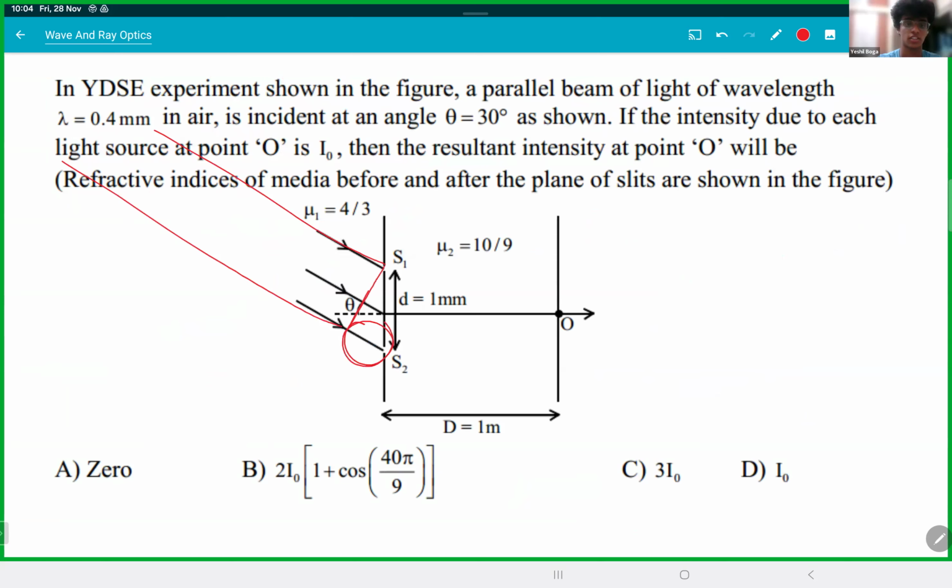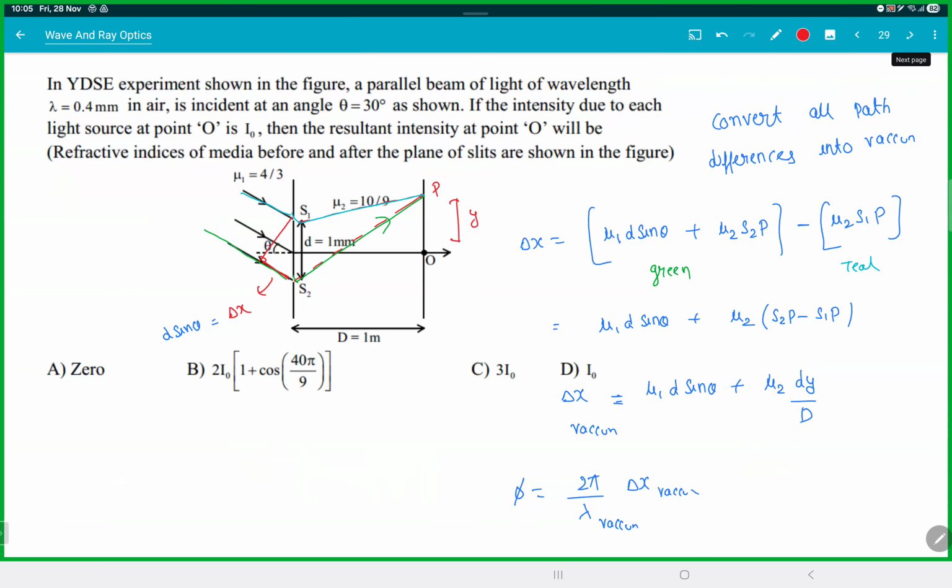That is a problem. But why are we multiplying it by mu? Because you're converting everything to vacuum. You're traveling in a medium.